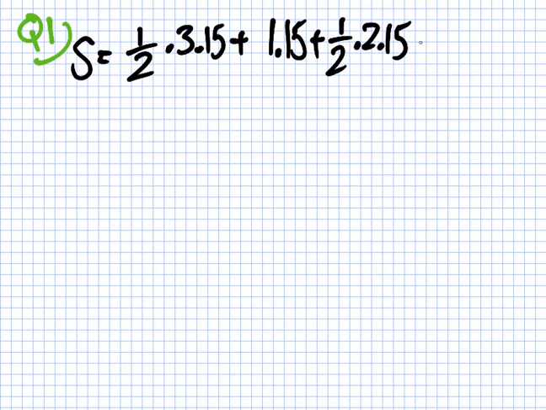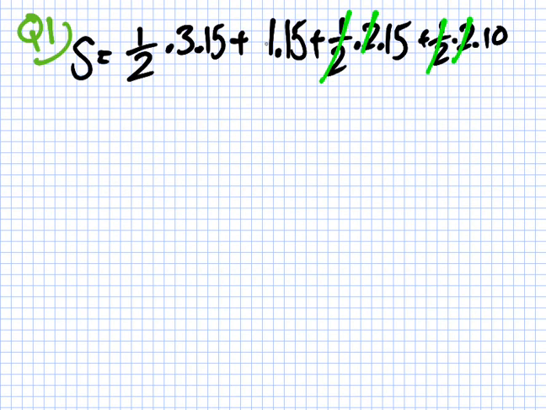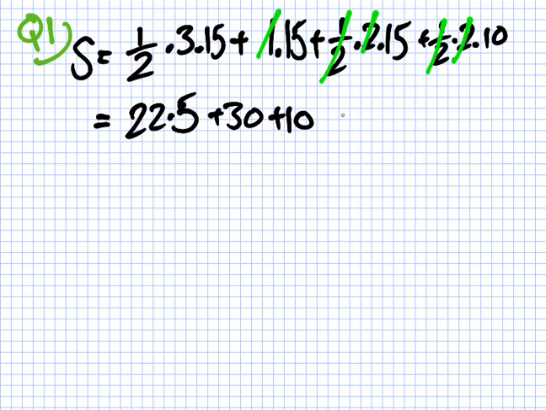What one's next? This is 1 times 15. And then next is a half of 2 times 15. And then next is 0. And then finally is a half of 2 times 10, is it?